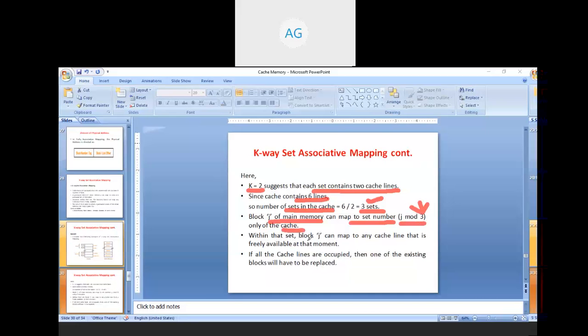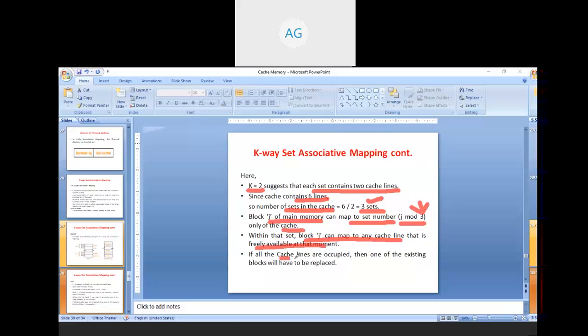So within that set, block J can map to any cache line that is freely available at that moment. Care must be taken that we need to map to that particular set from the main memory, but within that set, you can choose any line which is freely available.